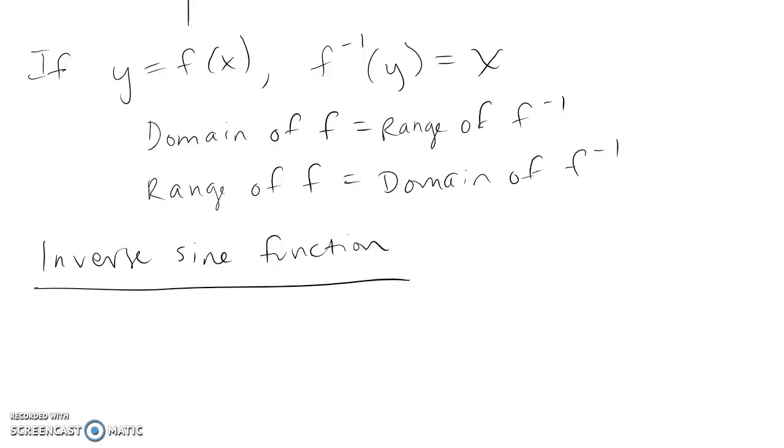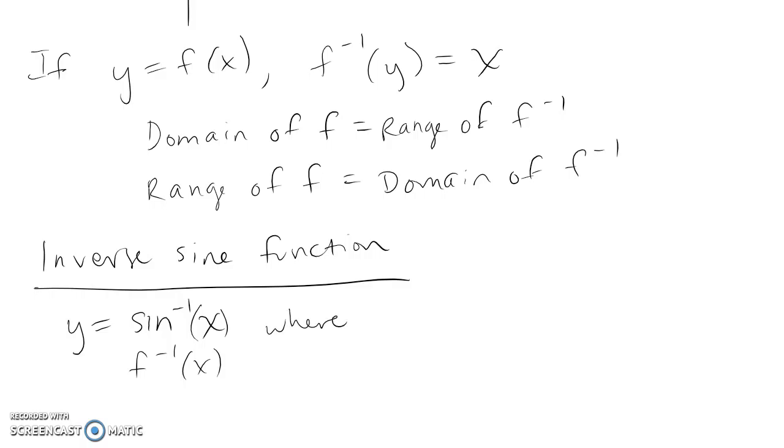So it takes sine values and maps them back to the angles that have those sine values. We write it this way: sine inverse of x, or inverse sine. Notice this is just like replacing f inverse with sine inverse.